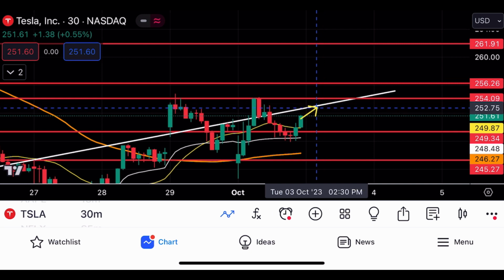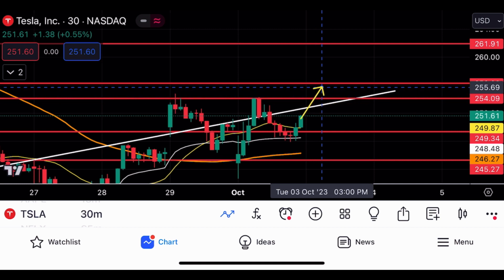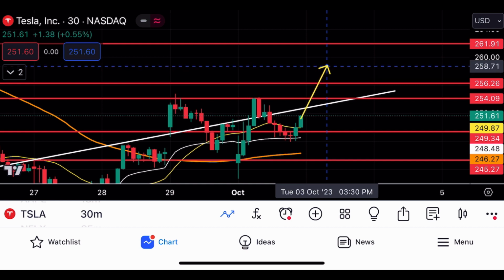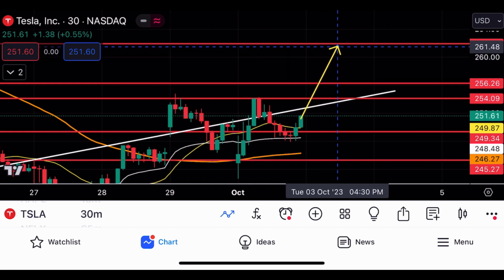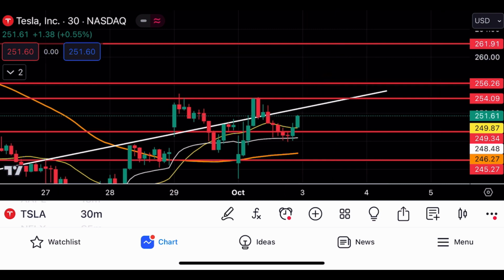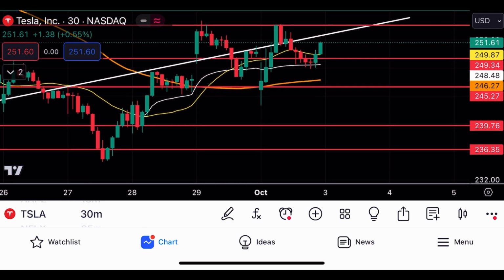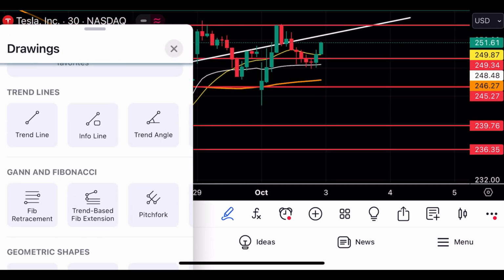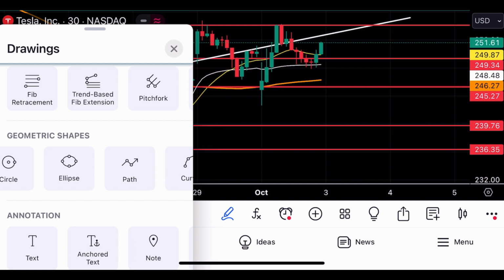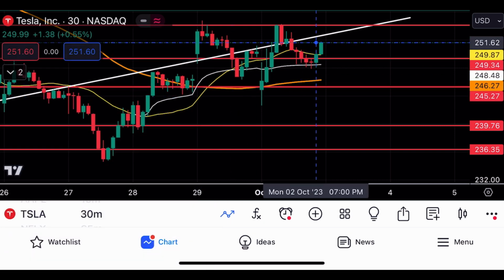So I'm looking for us to head to 254.10, bouncing off of 253, and then headed to 256.25, and then headed to 261.90. So we need to break 253 and then retest the 254.10, possibly bouncing off of 253 before we see anything higher up. That's what I'm looking for.